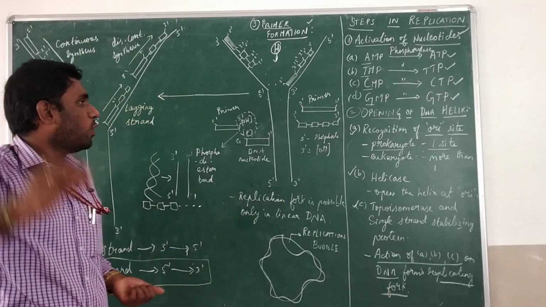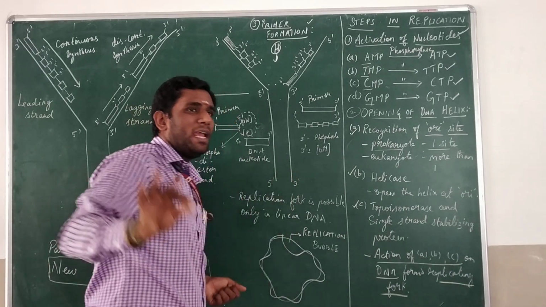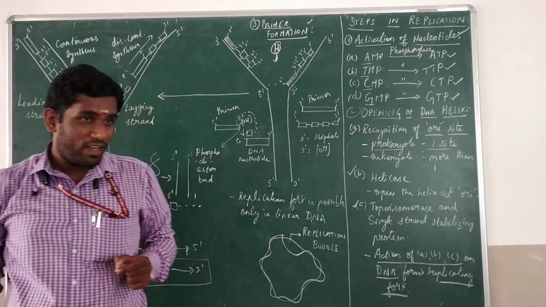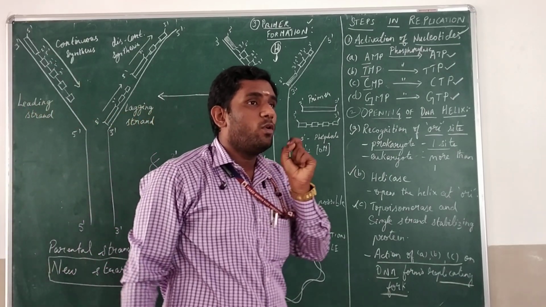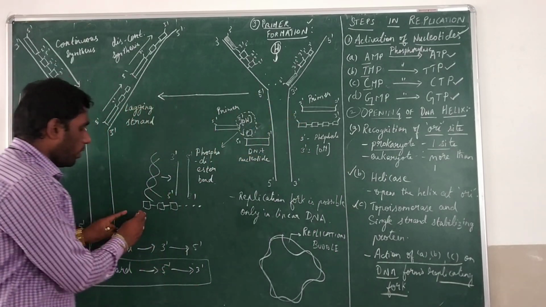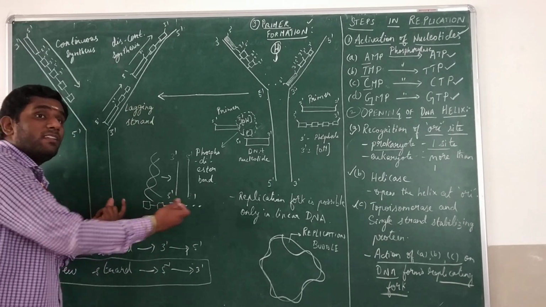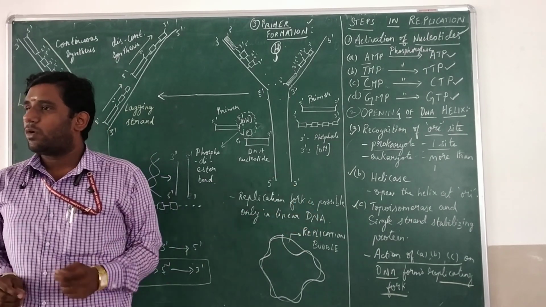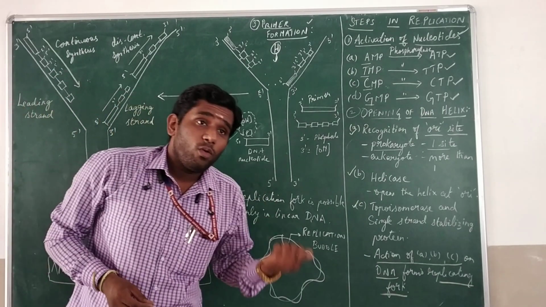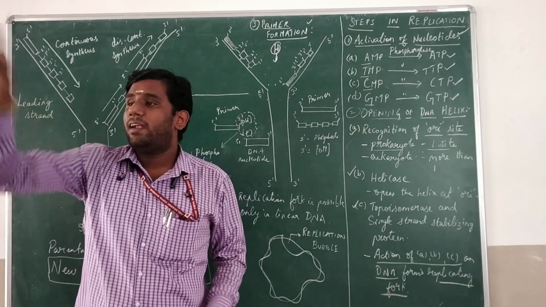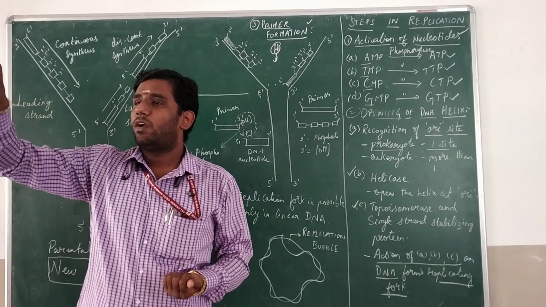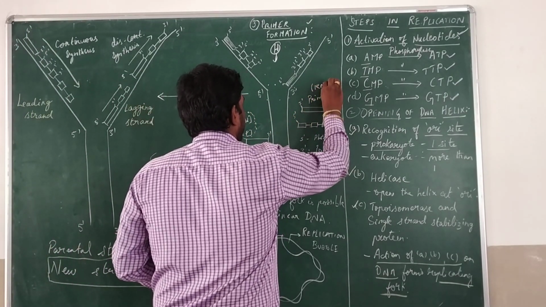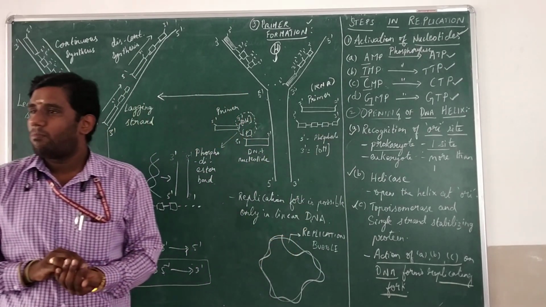The first thing you need to know about primer is that it is an oligonucleotide. At the start of the session, I told you, do you remember? Oligonucleotide means one nucleotide, a second nucleotide, like this a large number of nucleotides added one behind the other. Primer is an oligonucleotide of RNA. Is it clear, children?